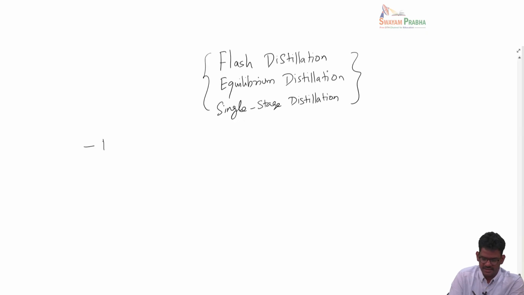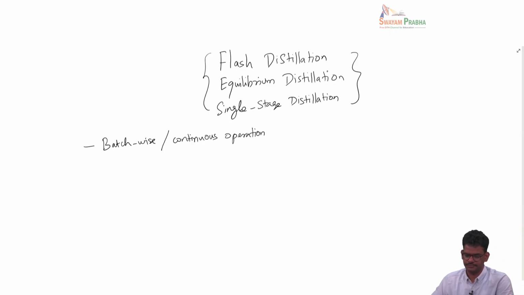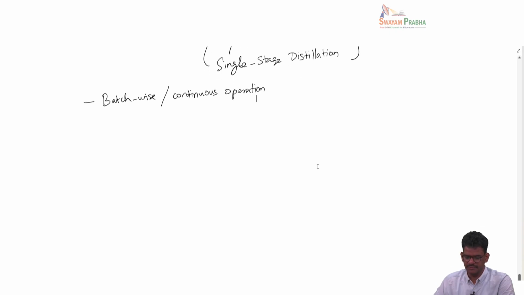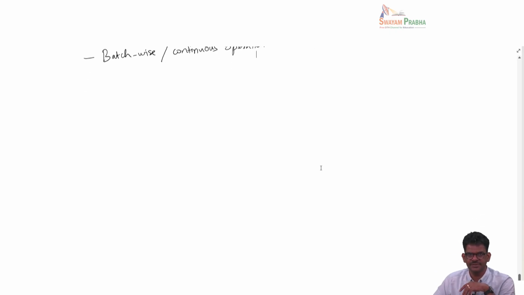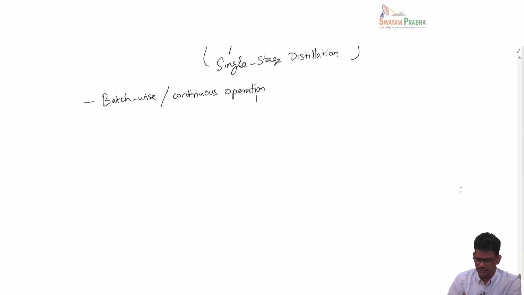This can be done either batch-wise, or we can also do it continuously. Let us start with a flow sheet that describes how this operation goes on. So we have a feed.